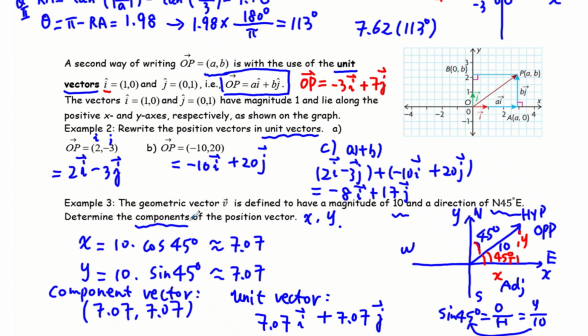So for the component vector, we just write the x coordinate, y coordinate. For the unit vector, we write x in the i direction plus y in the j direction unit vector.